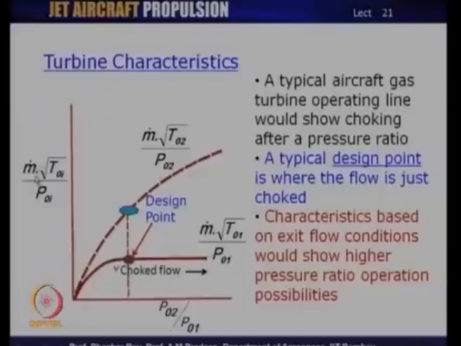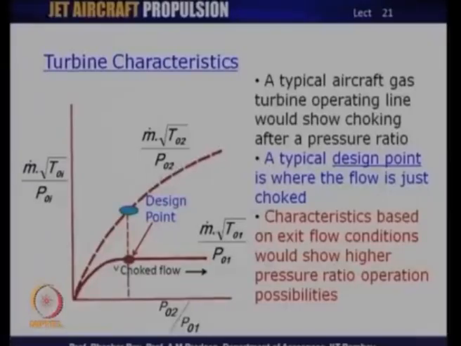The present map actually shows m dot into root over T 0 I divided by P 0 I, because we have drawn the characteristics with two different sets of T 0 and P 0. One is T 01, P 01 with reference to the entry of the axial flow turbine, and then T 02, P 02 which is the exit of the axial flow turbine.